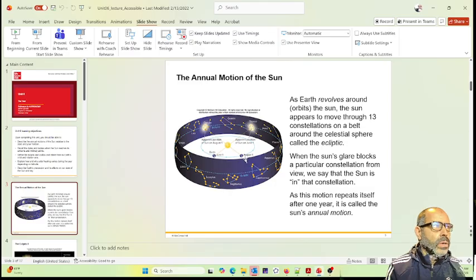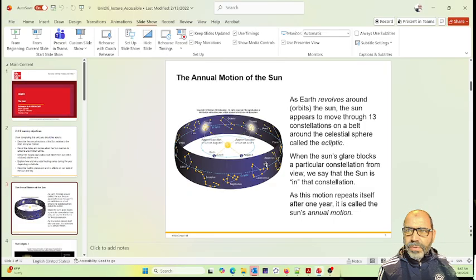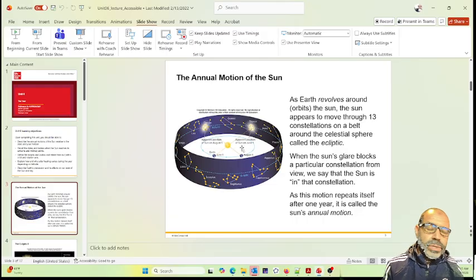For example, on August 1st, the sun appears to be in Cancer. And so on and so forth, Leo, Virgo, depending on the time of the year. Those are the different constellations, the signs of the zodiac, the thing that is part of astrology, and how they are related to the apparent motion of the sun around the Earth.